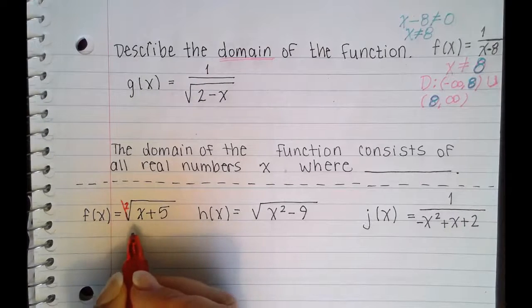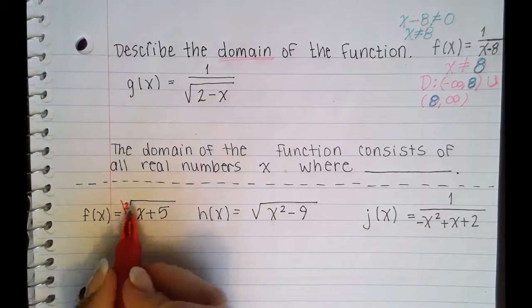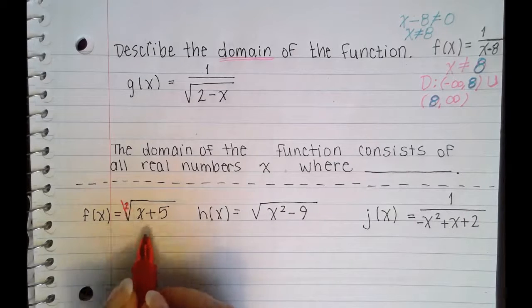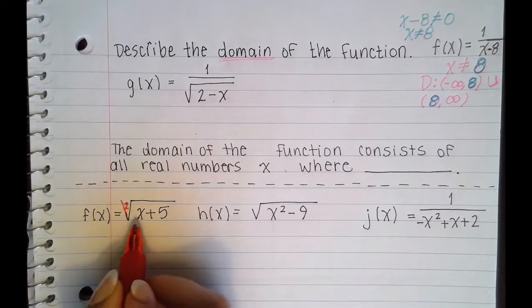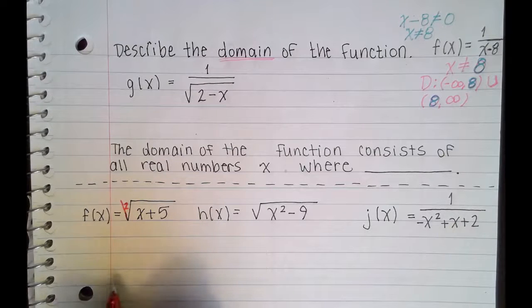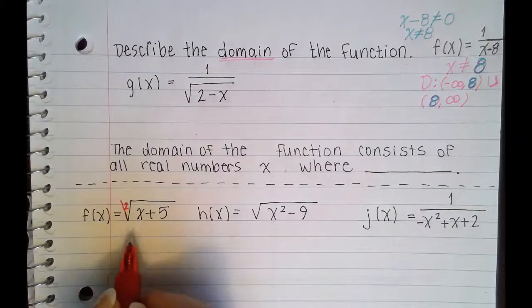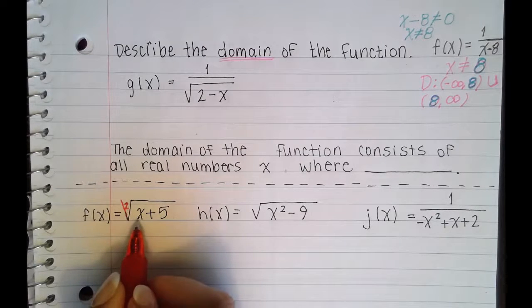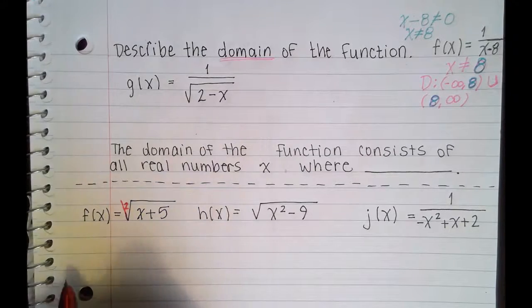So something to pay attention to is your answer to a square root problem must be positive unless there's a negative out front. Also, you can't take the square root of something that is, fill in the blank, blank. Do you remember? You cannot take the square root of something that is negative.